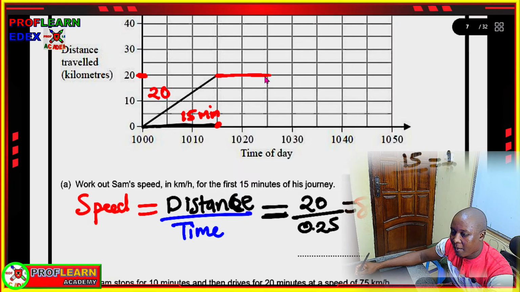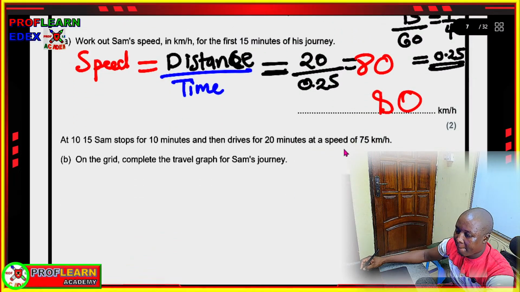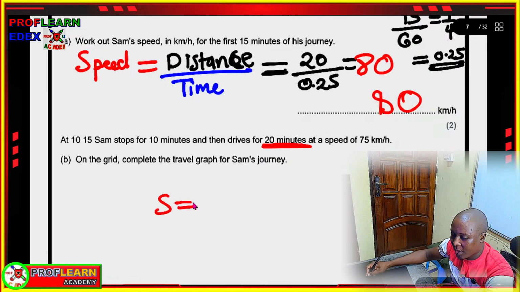Then we are told that after stopping for 10 minutes, he drives for 20 minutes at a speed of 75 km/h. So we have speed. We know speed is distance over time.